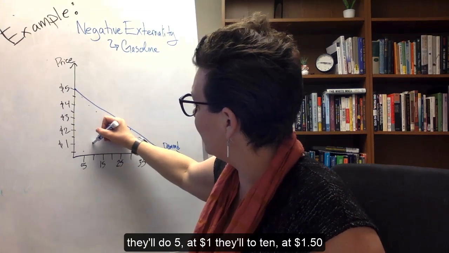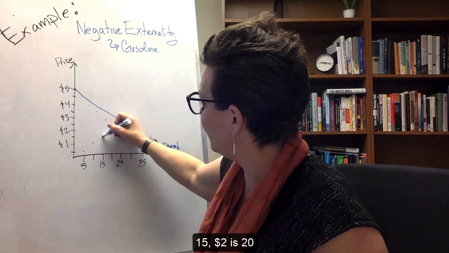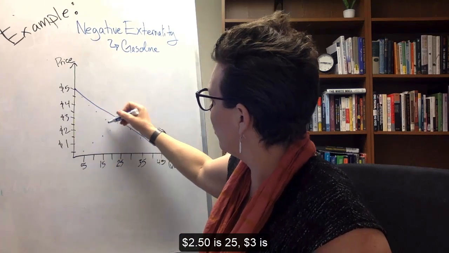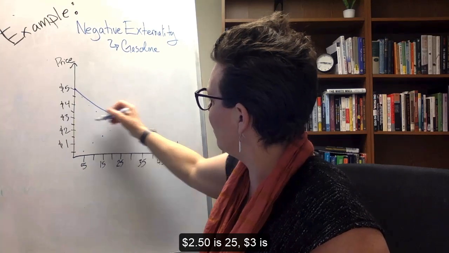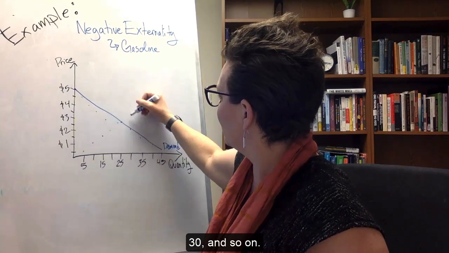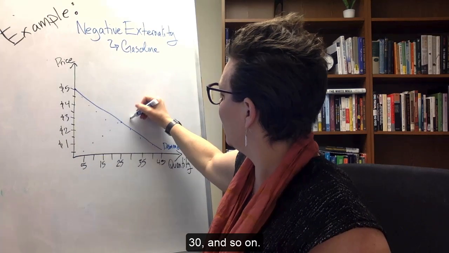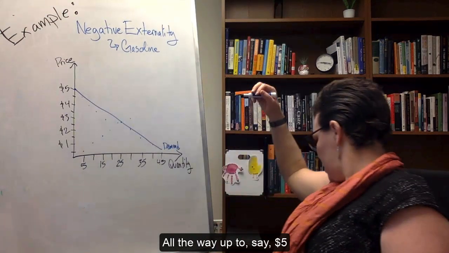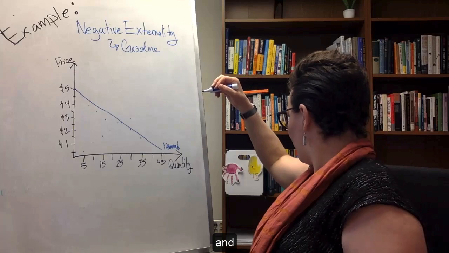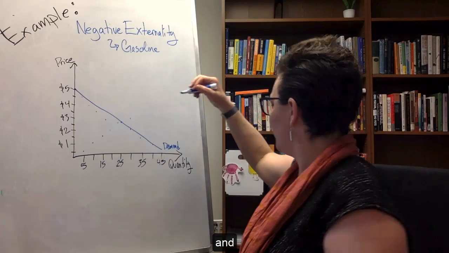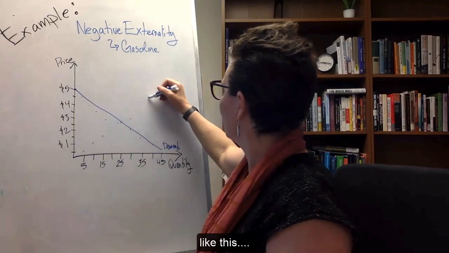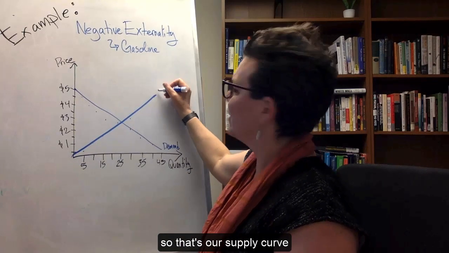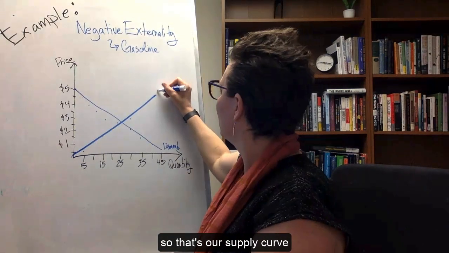At $1, they'll do 10. $1.50, 15. $2 is 20. $2.50 is 25. $3 is 30, and so on, all the way up to say $5 and 50 units. So this is going to be like this. So that's our supply curve.